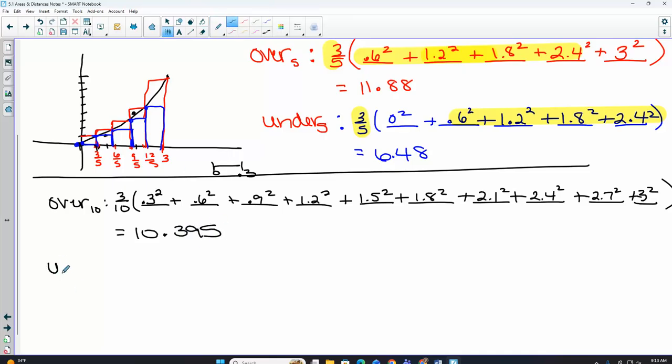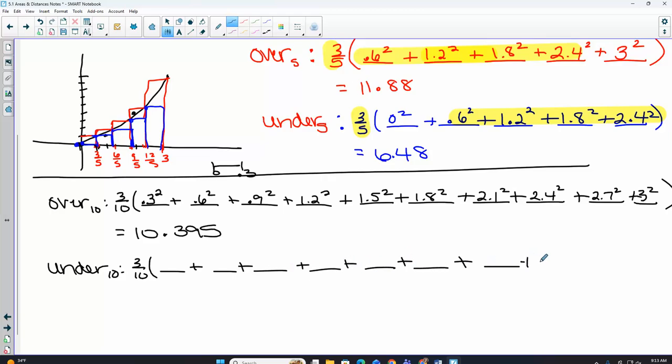So for my underestimate with 10 rectangles, still with the 3/10, still going to have 10 things here. But instead of starting at 0.3, what would be the first number I plug in? 0. And then we just add our 0.3 each time. So 0 squared, 0.3 squared, 0.6 squared, 0.9 squared, 1.2 squared.